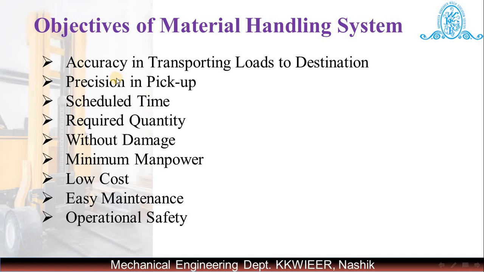The material handling system should transfer the load to the destination with a fair or higher degree of positional accuracy, because position comes into the picture. Next we have precision: the system should pick up the loads from their position within the shortest time. The time required should not be maximum, and this may be with or without human intervention.